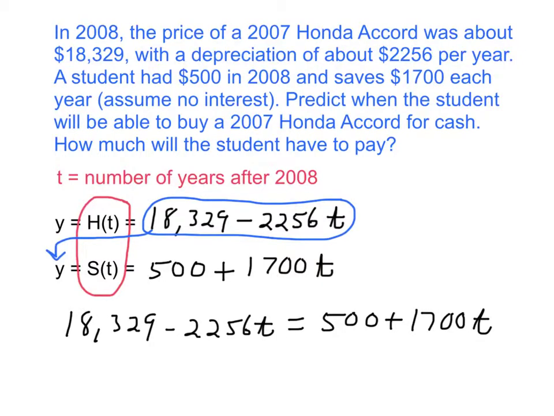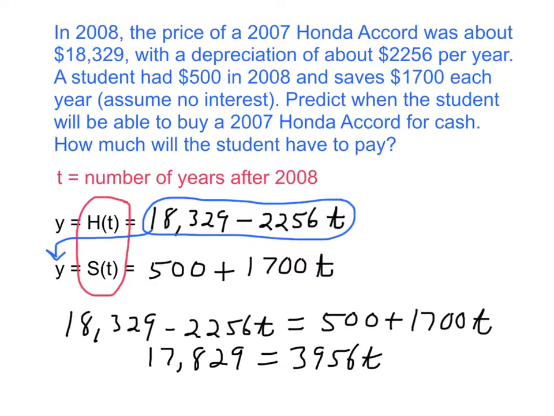Now, I think you know how to solve this kind of equation. You want to get your variables on one side and your numbers on the other side. And so if we collect the variables over to the right side of the equation, so if we add 2256t to both sides and then subtract the 500 to get the numbers on the left, we end up with 17,829 equals 3956t.